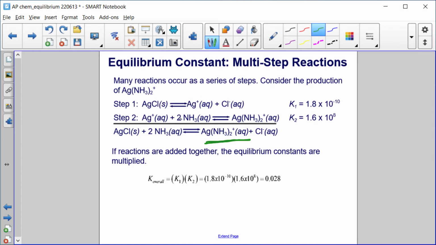in and add aqueous NH3, 2 moles of NH3, and we get this AgNH3 2+ complex ion. We're going to call the equilibrium constant for this step, K2, 1.6 times 10 to the minus 8. The overall reaction is the sum of these two steps, okay?